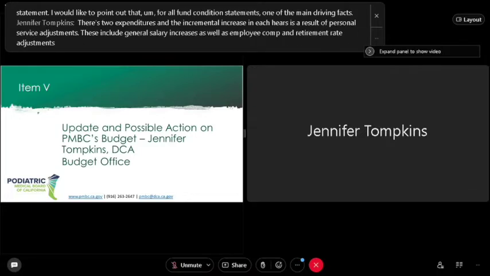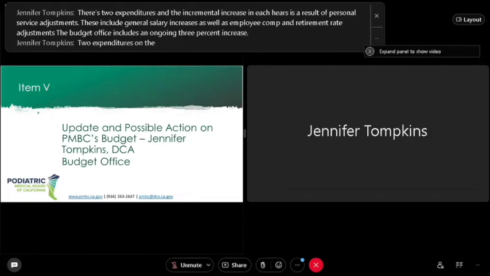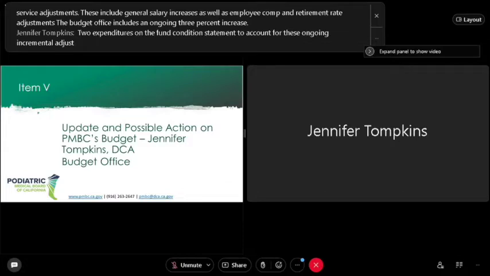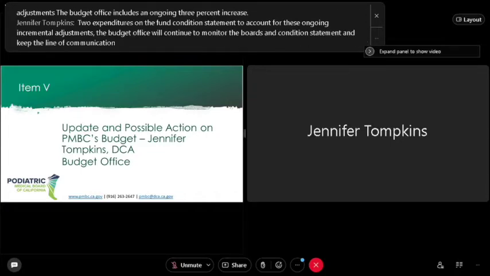The budget office includes an ongoing 3% increase to expenditures on the fund condition statement to account for these ongoing incremental adjustments. The budget office will continue to monitor the board's fund condition statement and keep the line of communication with the board's executive staff open for any future needs or expectations.